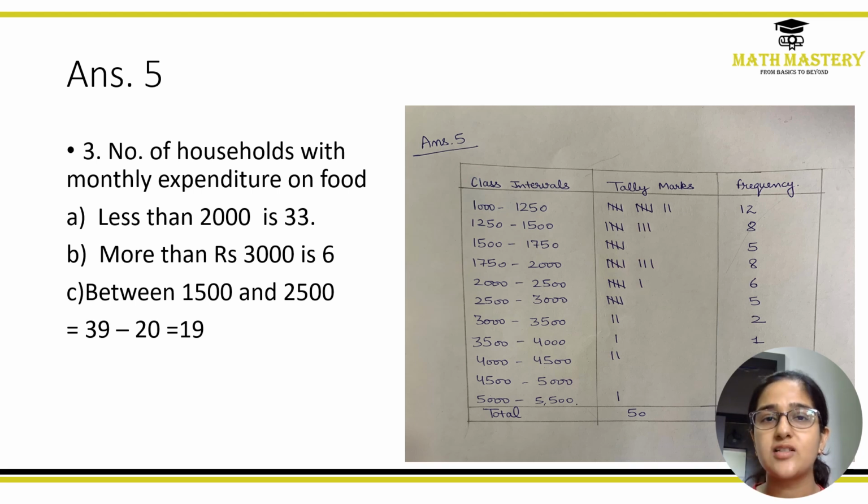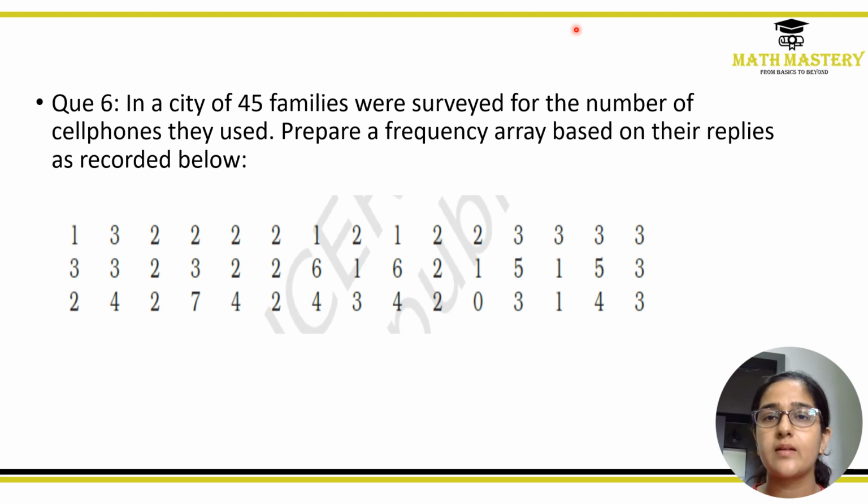Now I move to the next question. Question number 6. In a city, 45 families were surveyed for the number of cell phones they used. Prepare a frequency array based on their replies as recorded below. Now, what is a frequency array?